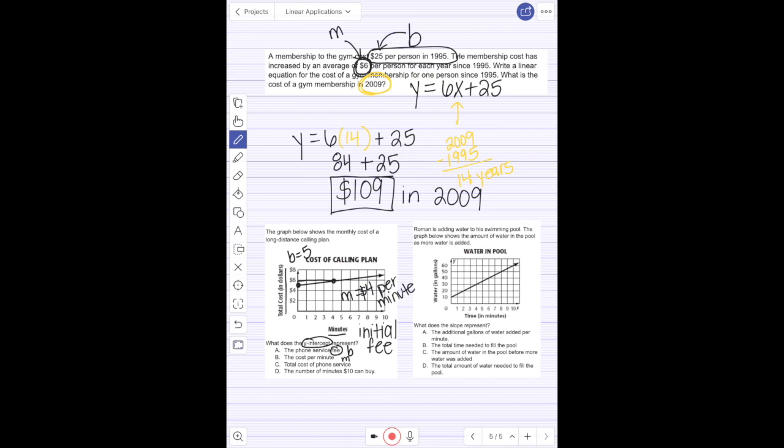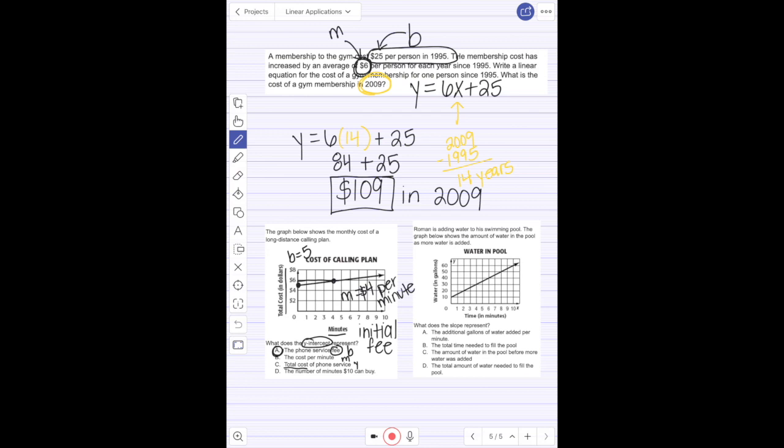That's your repeating value. That's your slope. The total cost, remember, that's your Y value. Anytime you talk about total, that's the Y value of the equation, the Y variable, and the number of minutes that $10 can buy. Well, we're not asking how much, we're just talking about how much is upfront. So my upfront amount is the phone service fee.